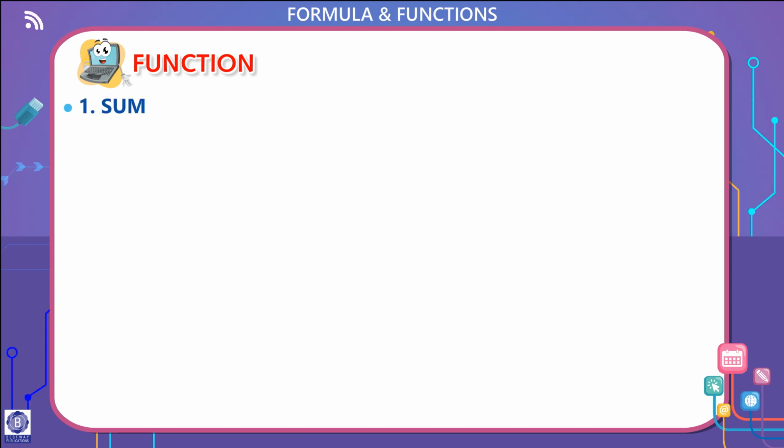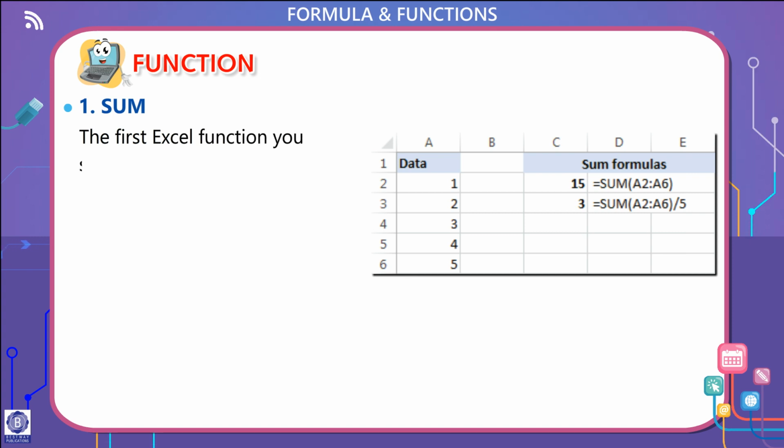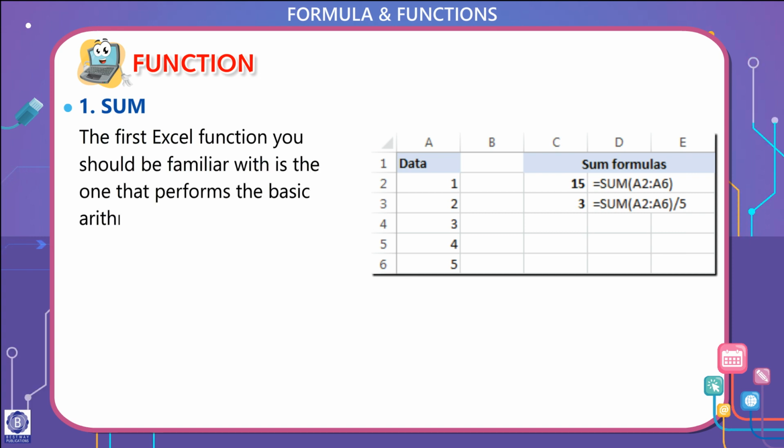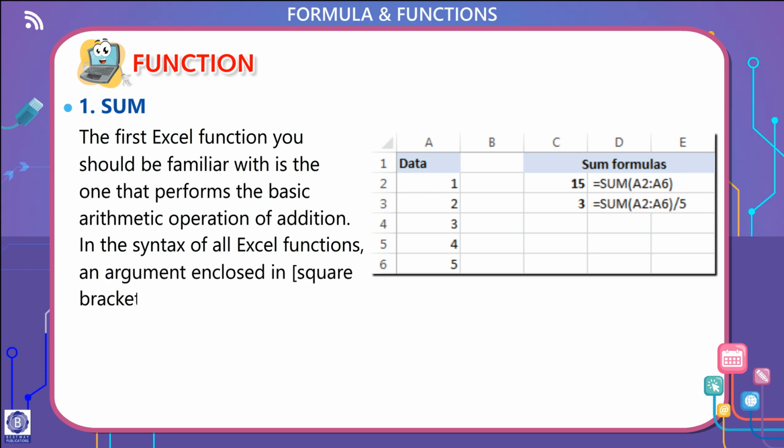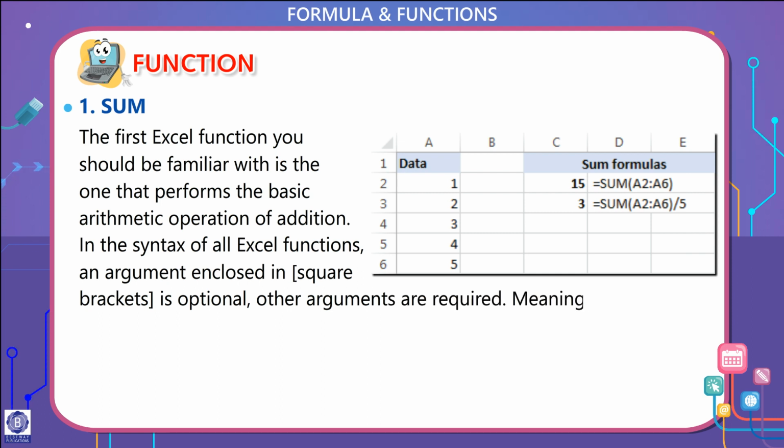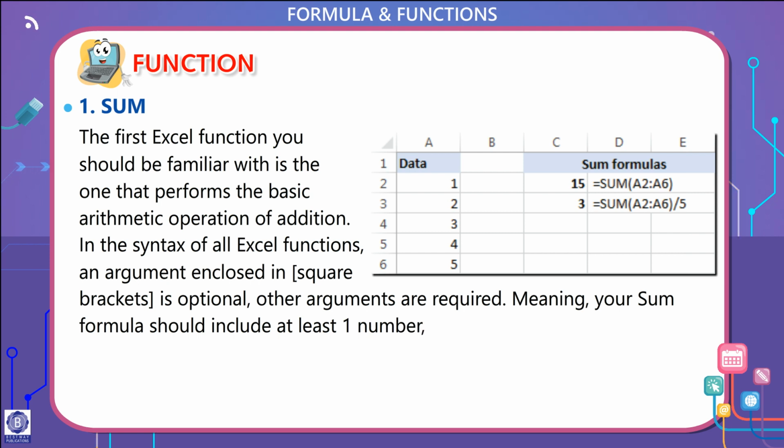First is SUM. The first Excel function you should be familiar with is the one that performs the basic arithmetic operation of addition. In the syntax of all Excel functions, an argument enclosed in square brackets is optional. Other arguments are required, meaning your SUM formula should include at least one number, reference to a cell or a range of cells.